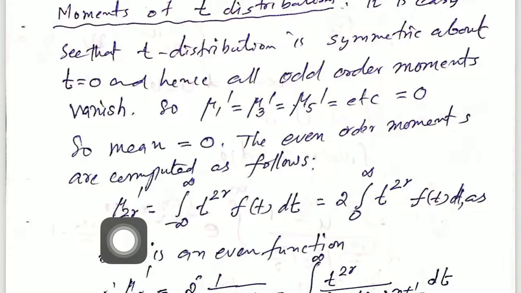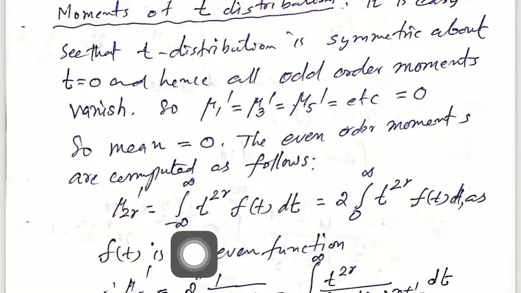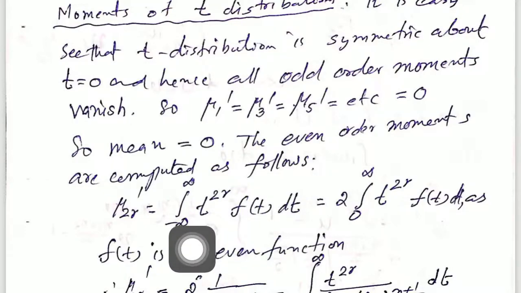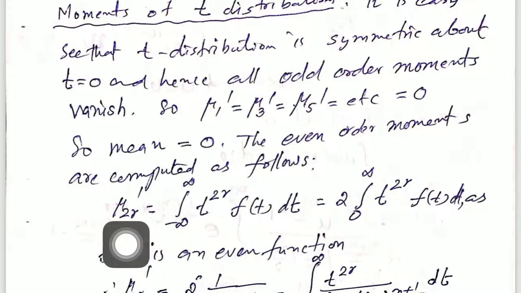Therefore these are even order moments. And you can compute this from minus infinity to infinity integration t to the power of 2r f of t dt. That is the plain definition of mu 2r dash.